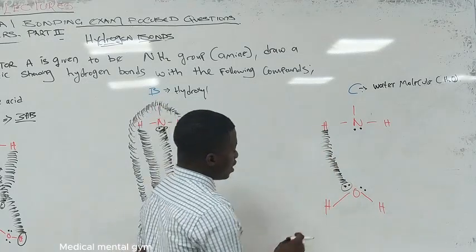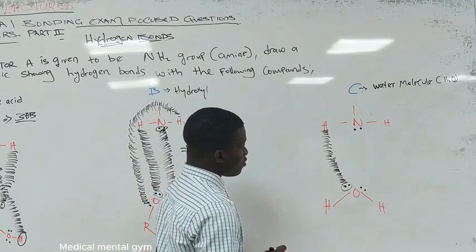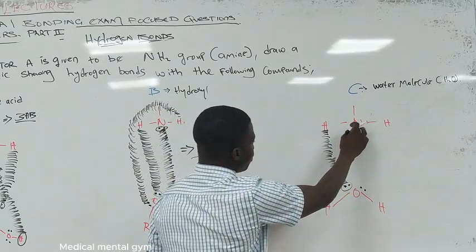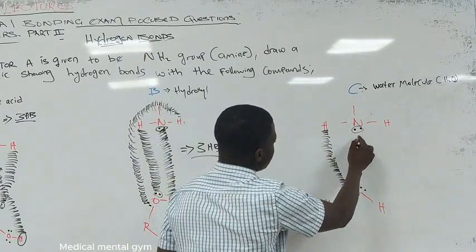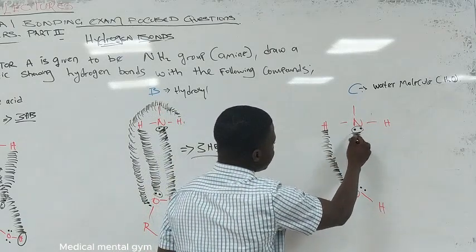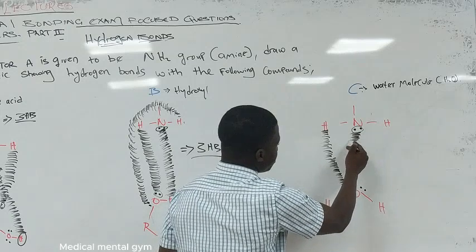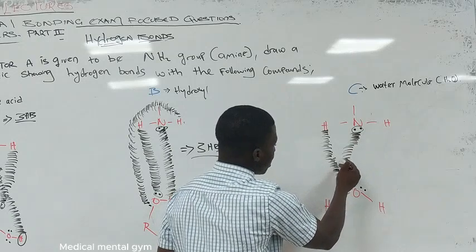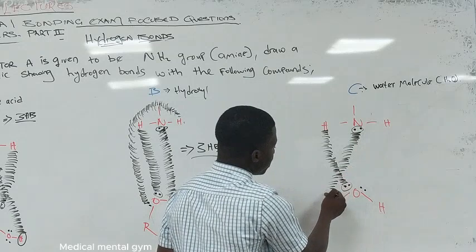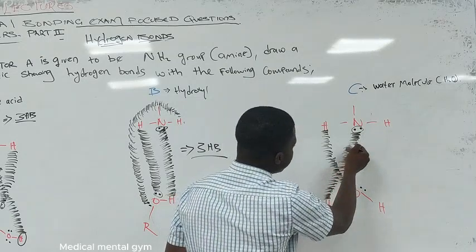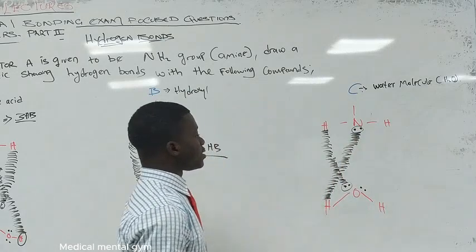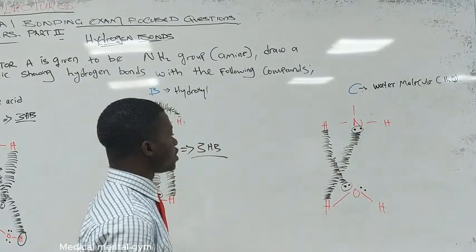So this hydrogen is also able to form a hydrogen bond with this nitrogen because of these lone pairs. So this lone pair can facilitate a hydrogen bond between the nitrogen and the hydrogen. So we'll have a hydrogen bond formed between this hydrogen and this nitrogen. That gives us 2 hydrogen bonds.